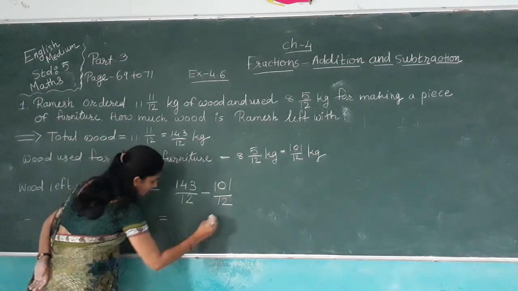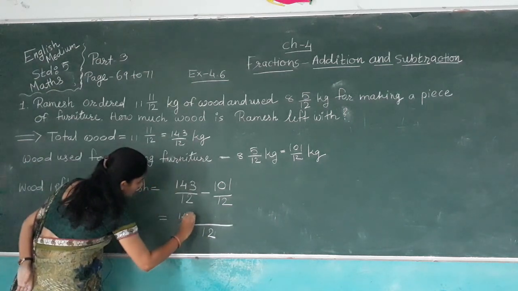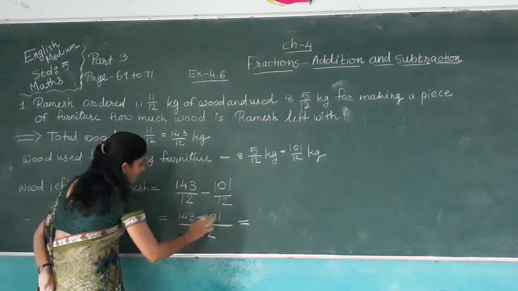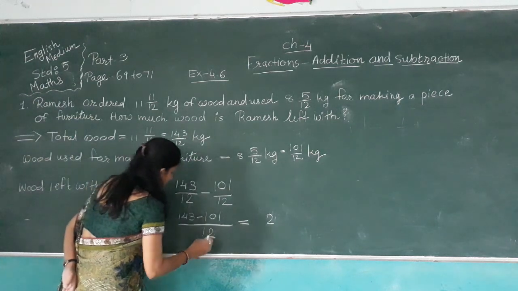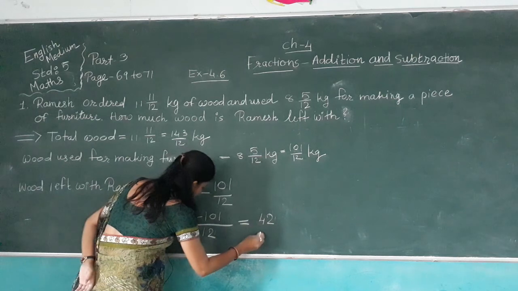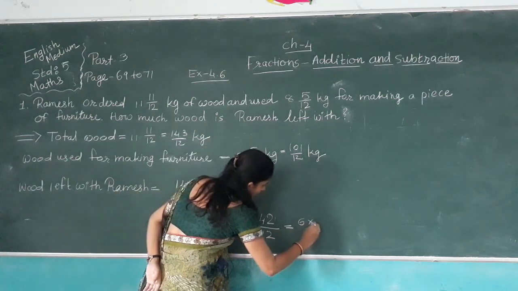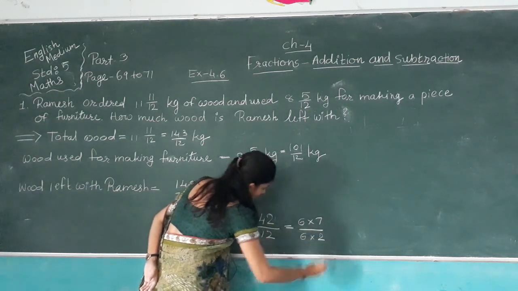Then here both denominators are same, so write here one time. 143 minus 101. 3 minus 1, 2, and 4 minus 0, 4. 1 minus 1, 0 out of 12. 6 7s are 42 and 6 2s are 12.